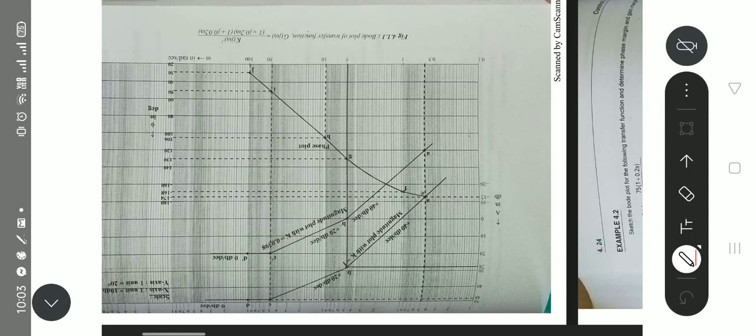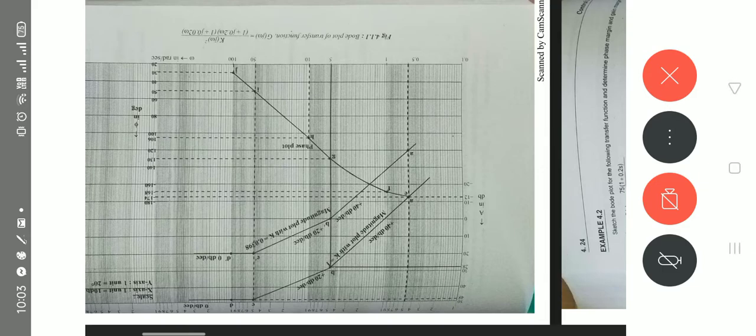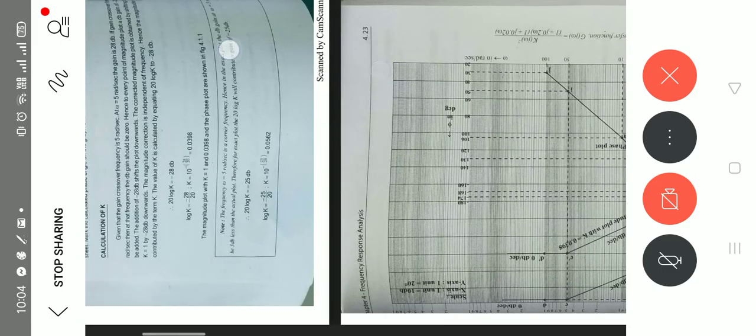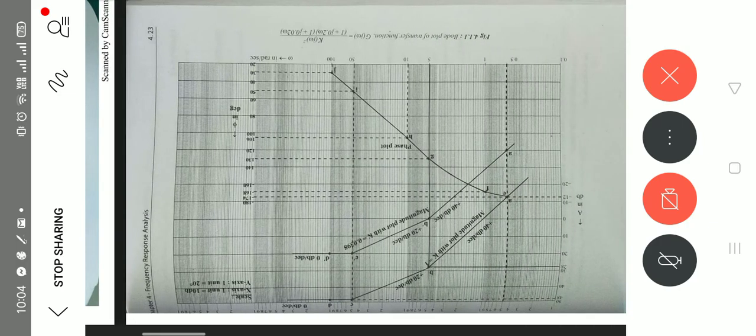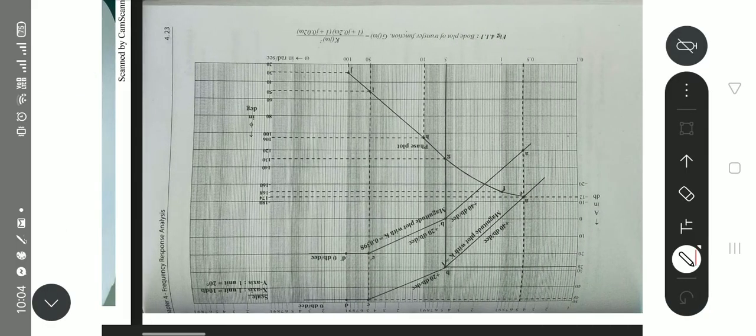Here 0.5, 174. Next, 5. I am taking 5 radians per second, 130. Okay, 5, 130.